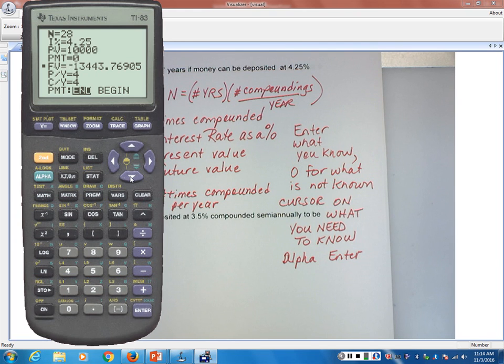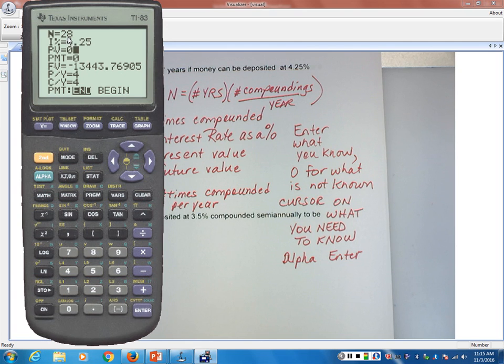Okay? If you need a payment, it would find what payments you would need to make into your account in order to have a given future value. So if you wanted to make periodic payments, and what you wanted was this future value of $13,443.76, you would put the present value down as zero, because what you're going to do is make payments at certain periods. So this would be making a quarterly payment.